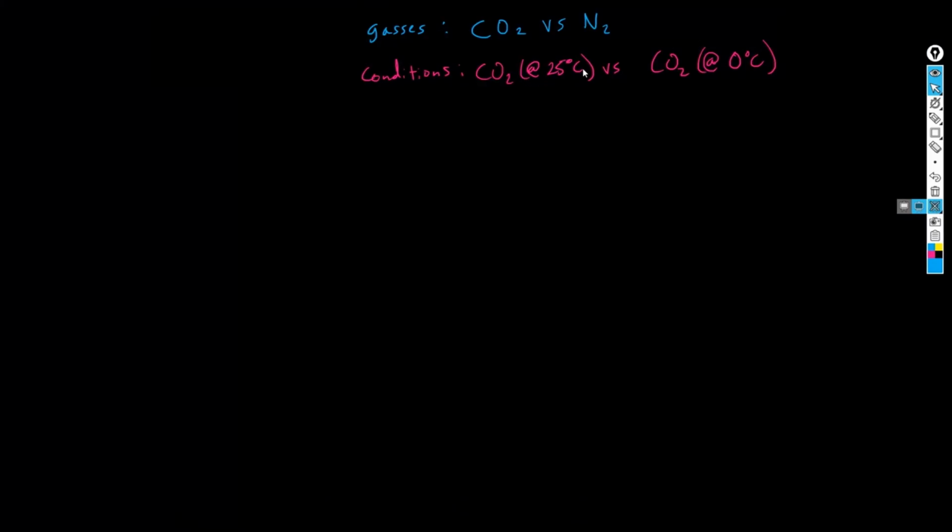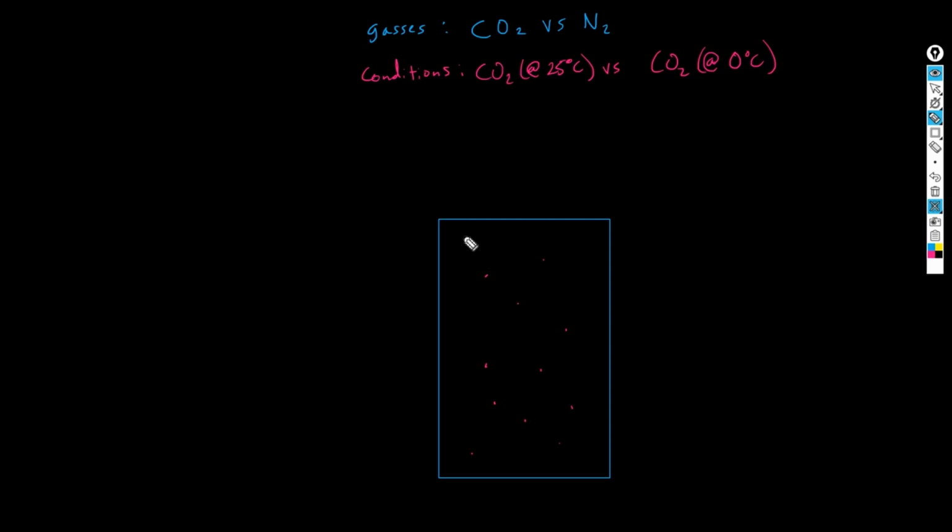collisions. If we have a gas, like let's say carbon dioxide, and we have it in a container, so let's again draw a container. In that container we have a gas, and I'm going to draw again our little dots for the particles of a gas. Those particles of the gas are in constant motion.